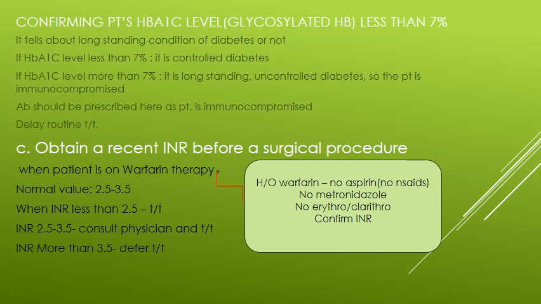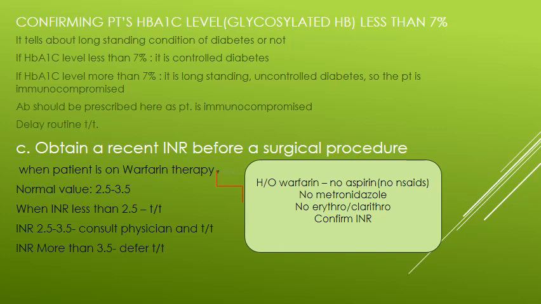Now the normal values are 2.5 to 3.5. If INR is less than 2.5, you can treat the patient. When INR is less than 2.5, it means up to 2.4. 2.5 is included in 2.5 to 3.5.